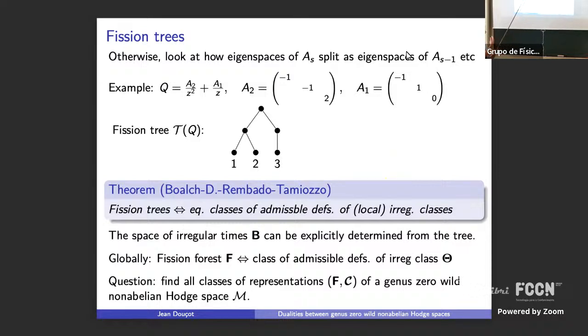And so the question of classifying wild character varieties boils down to this: given a fission forest and a conjugacy class for each leaf of each tree of the fission forest, this gives me a well-defined, up to isomorphism, non-abelian Hodge space. And so, can I understand which such pairs give rise to isomorphic wild character varieties?